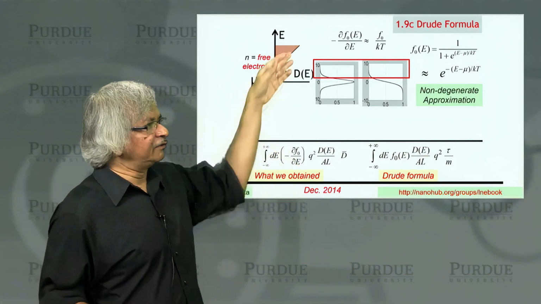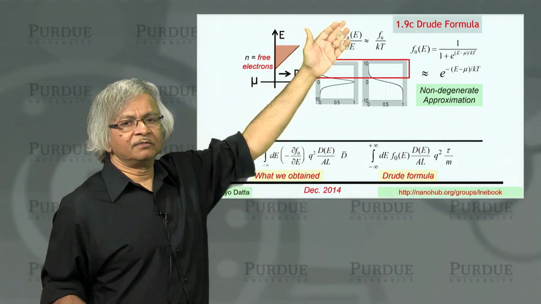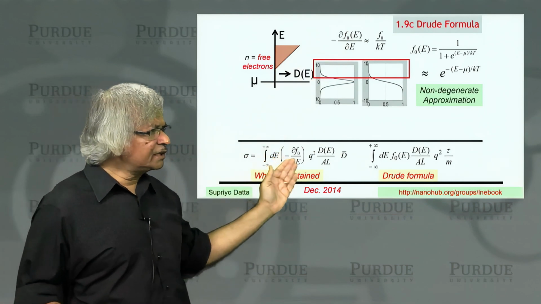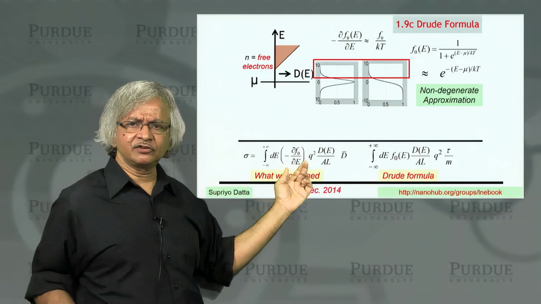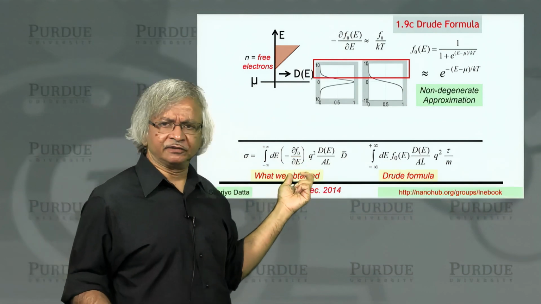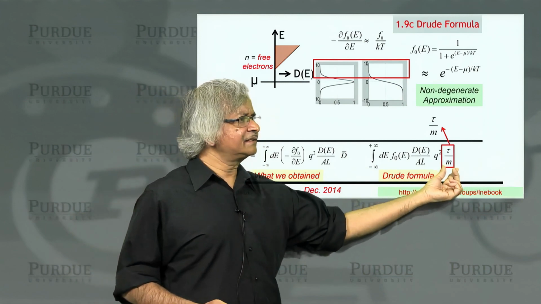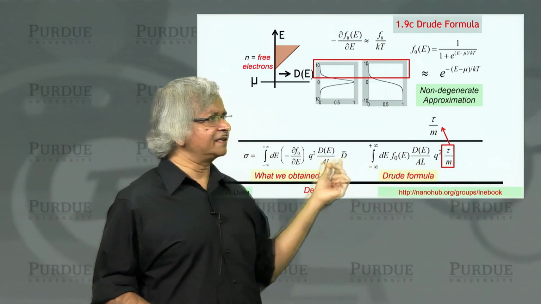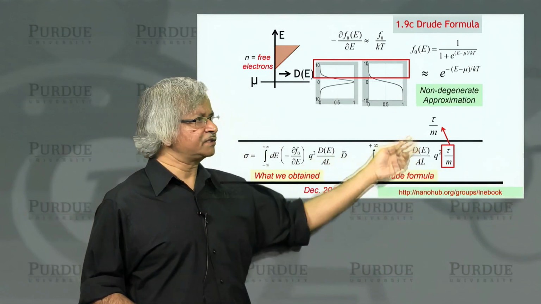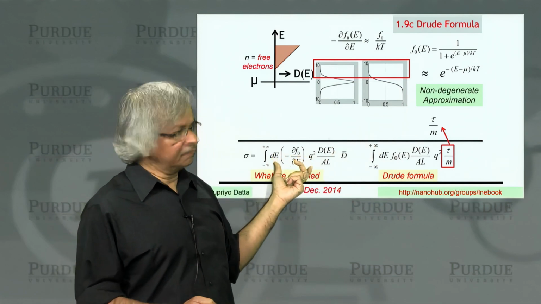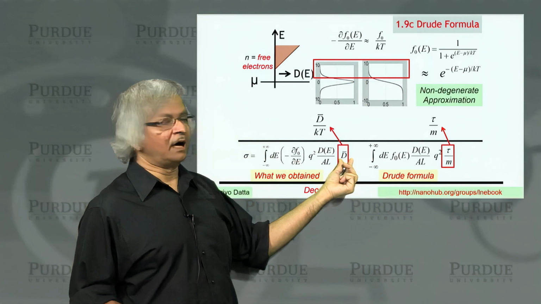But then we agreed that in this limit, the Fermi function and its derivative are much the same. So they're kind of looking similar. So let's try to sort out which terms are different. If you look here, you see that this term, the tau over m, doesn't appear anywhere here. So let's pull that out. Now when you look here, the term that's different is this d bar.